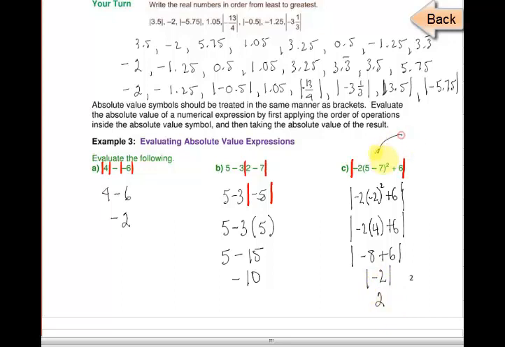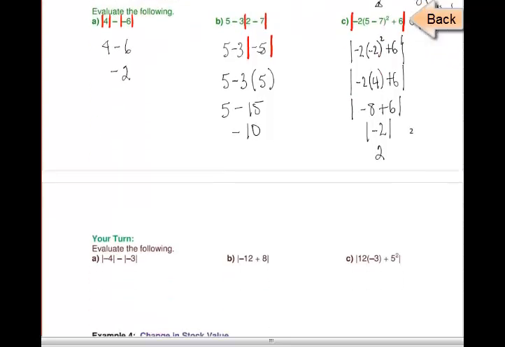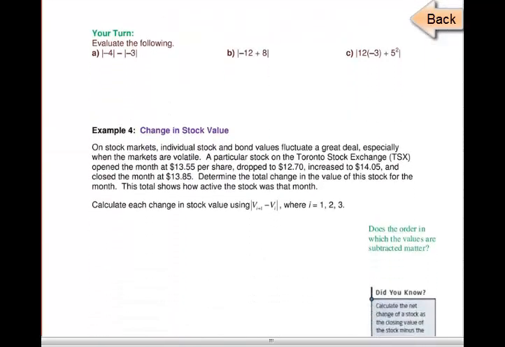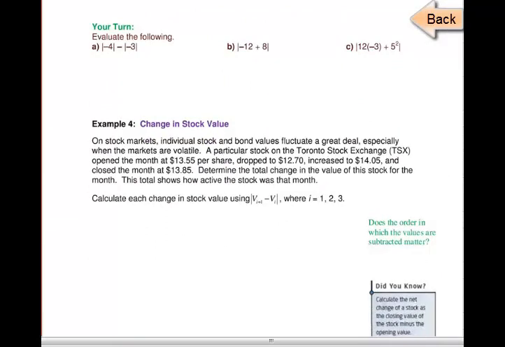Okay, so you're going to apply your order of operations inside the bracket. Okay, now on your next page you'll have 3 questions to try on your own, so put the pause button on and work them out.